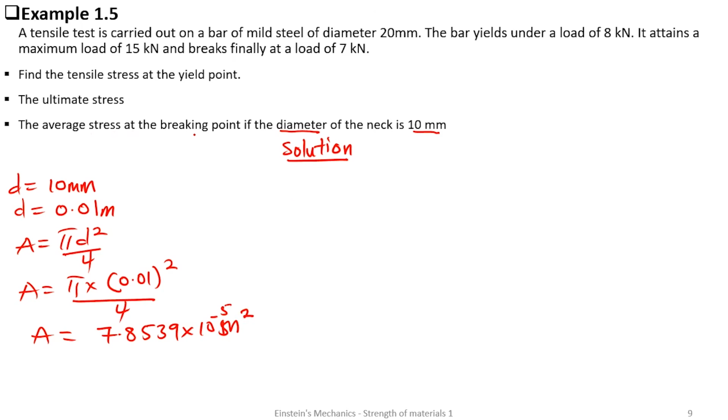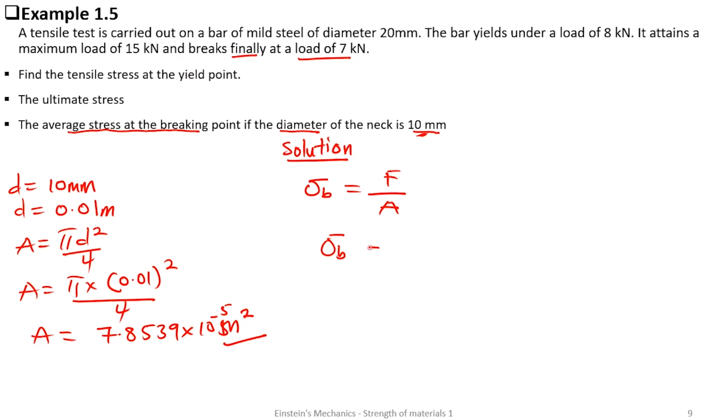Therefore, the average breaking stress at the breaking point can be the force still over the new area calculated with this diameter. It finally breaks at a load of 7 kilonewtons.